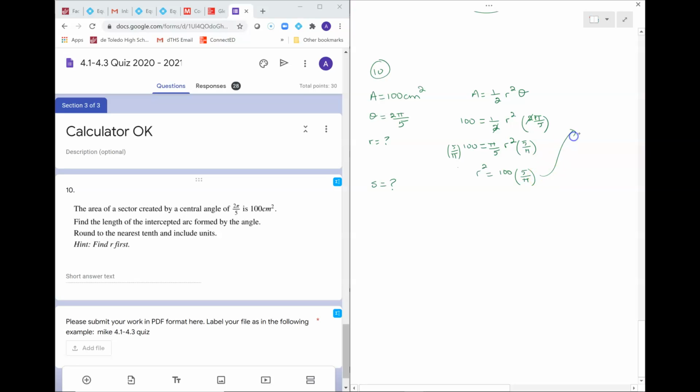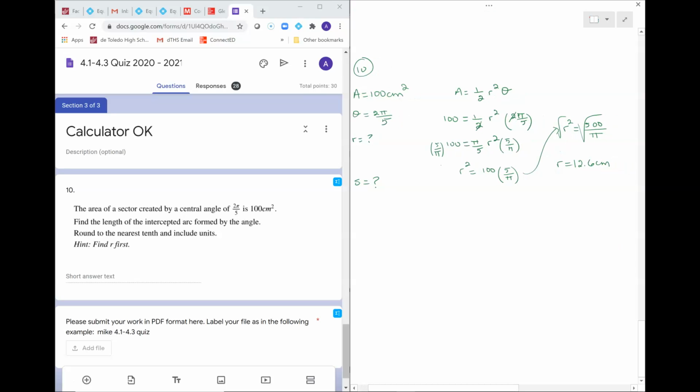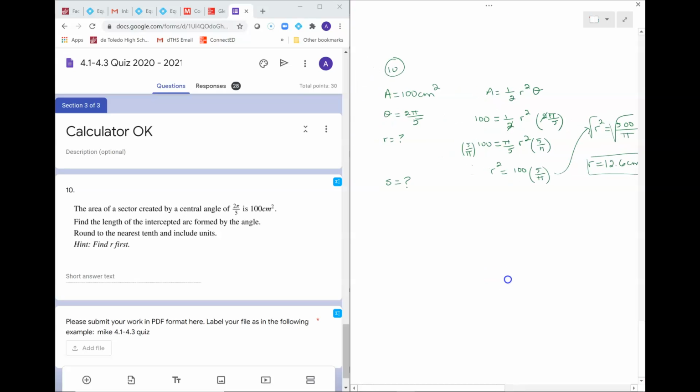So that is 500 divided by pi. Take the square root of both sides. And r is the square root of 500 over pi. So that gives us 12.6 centimeters. Okay, now I take that value and I need to find S, right?